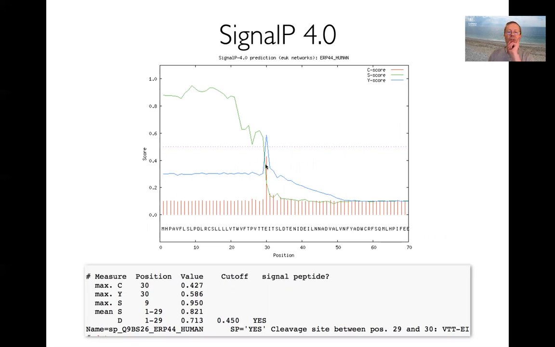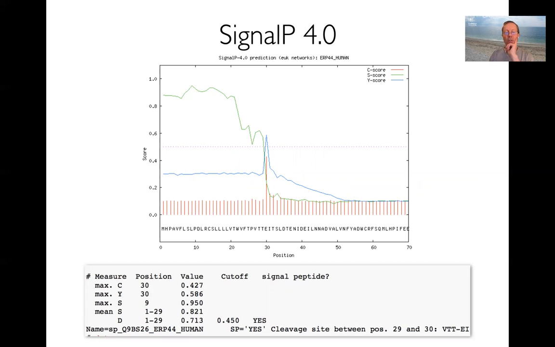So here is just to show you the type of output you get from SignalP 4.0. This is the graphic output you get. Basically, the green shows you the predicted propensity for this part of the protein to be a signal peptide or not. So if this is higher than the cutoff here, you predict it to be a signal peptide in this N-terminal region. And the red and the blue, especially the blue, predicts the cleavage site.